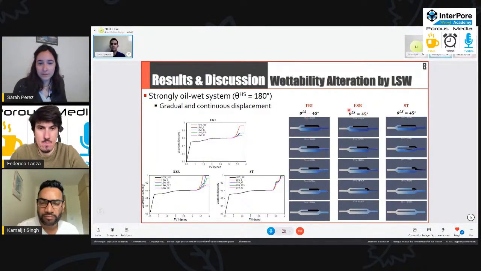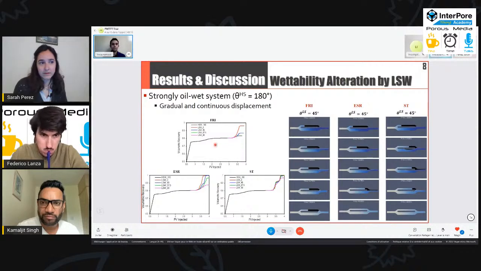At different models we can see different behaviors of the system, but that is mainly because the wettability is changing at different rates and at different times, and there's a delay in wettability alteration outside the outlet of the system, which causes these different behaviors.